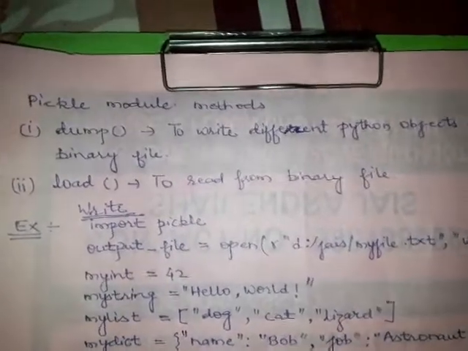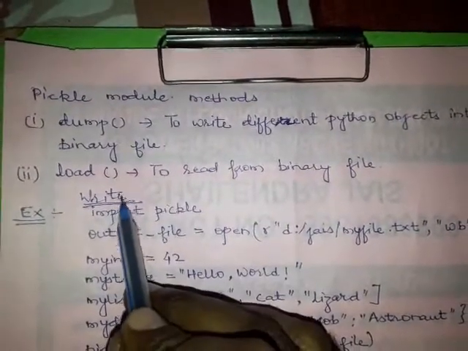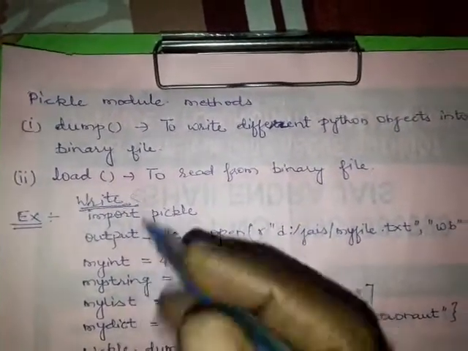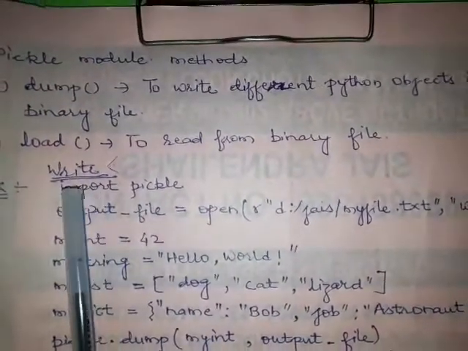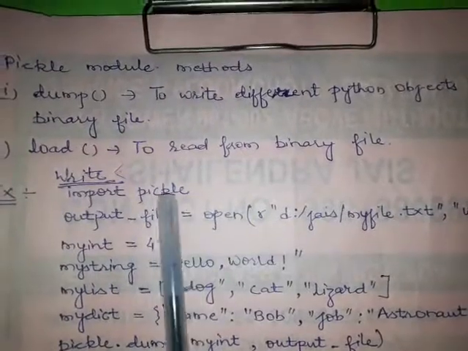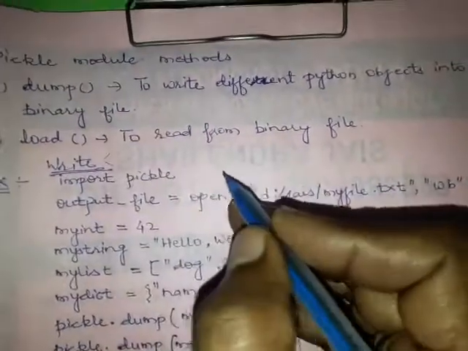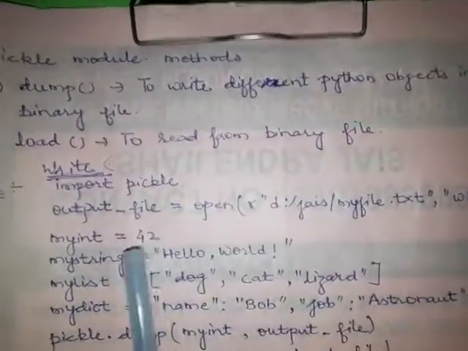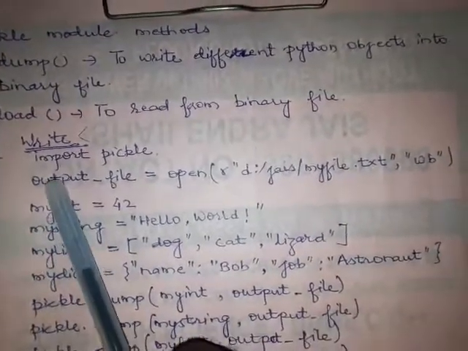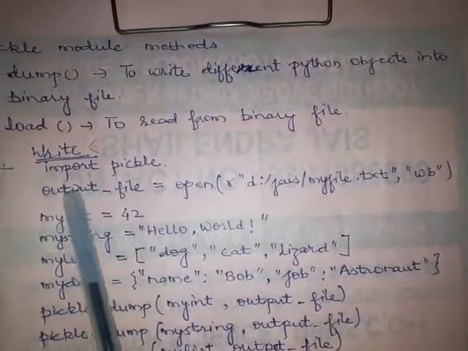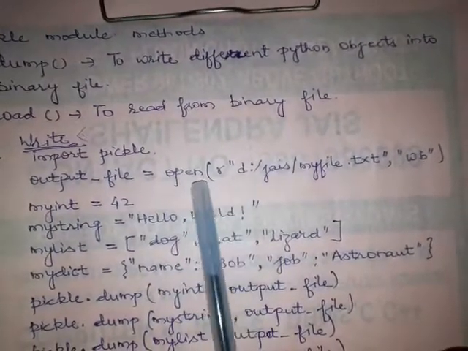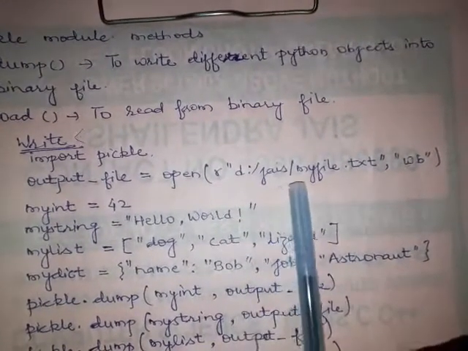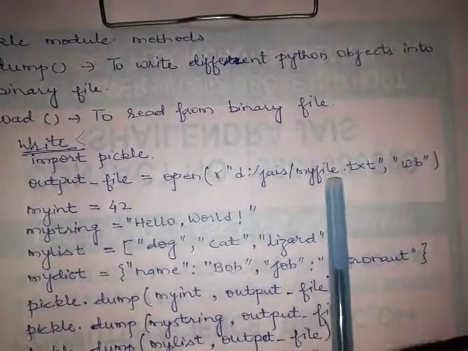Now I will show you an example of how to write in a binary file with the help of the pickle method. First, you have to import the pickle module, and then initialize the file handler. Output file is our file handler, and I will initialize open. This is the path of my file.